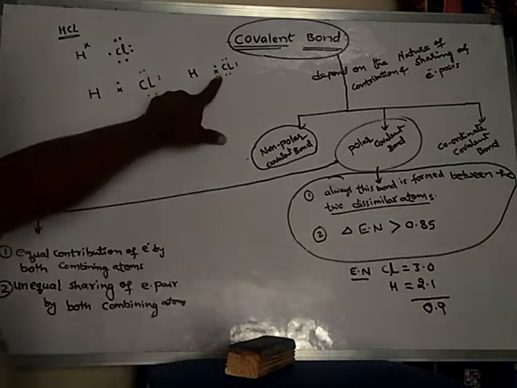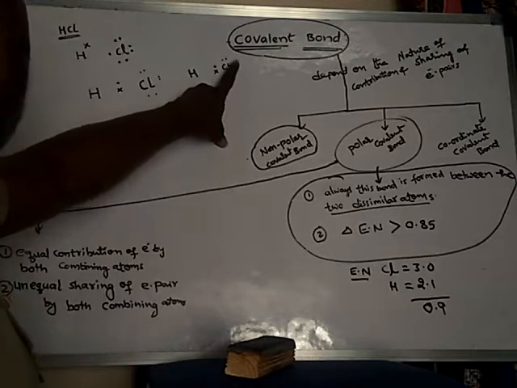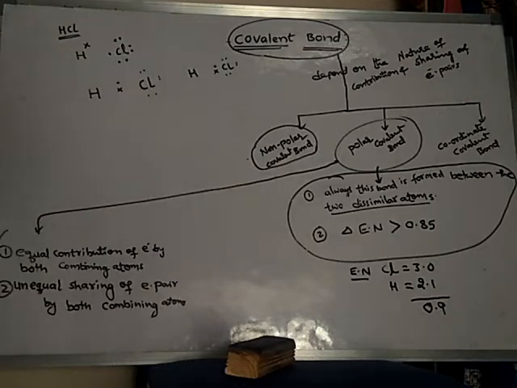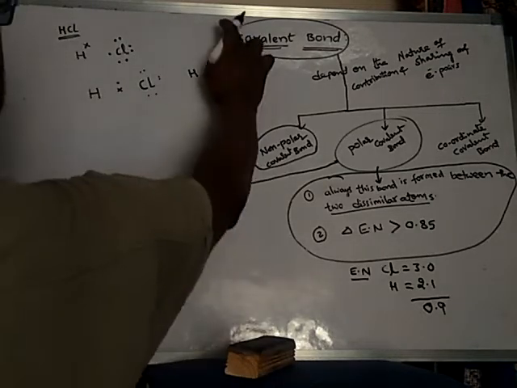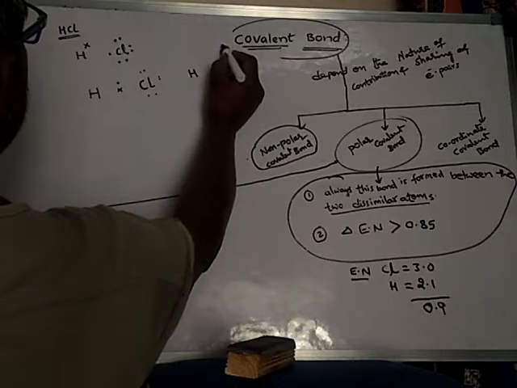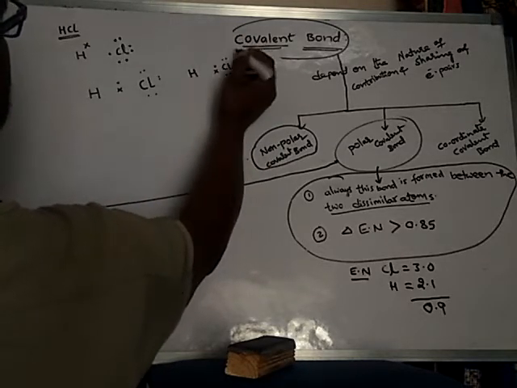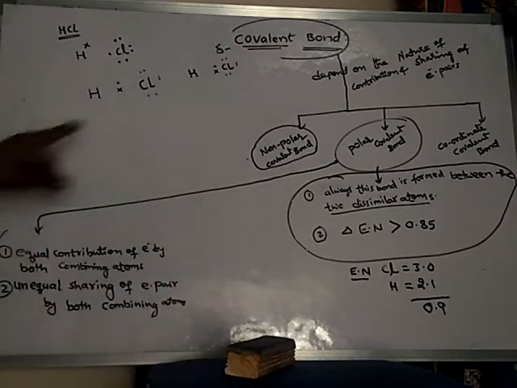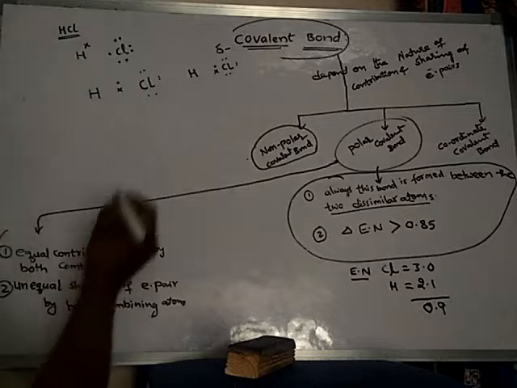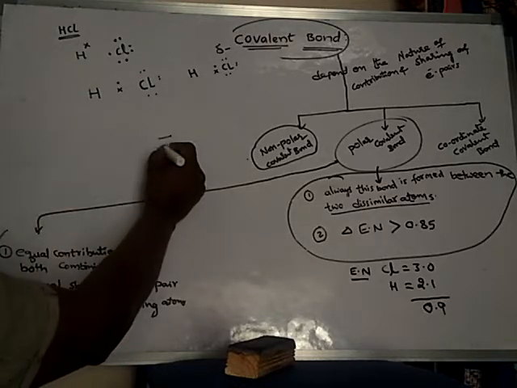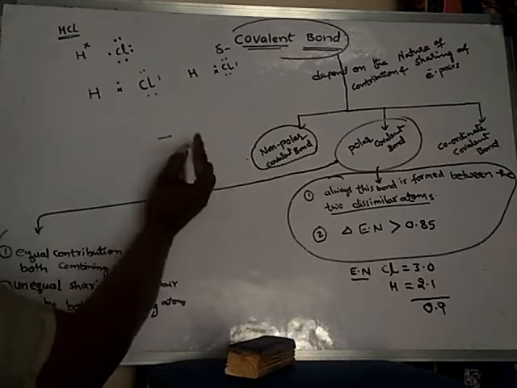As a result of this, chlorine has developed a partially negative charge. This is denoted by a partial negative charge. Complete negative charge means only minus.